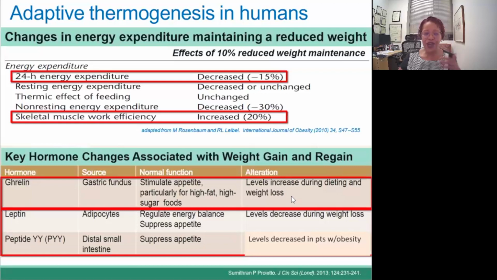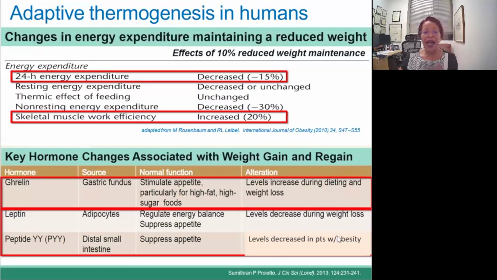And even though, yes, it's possible to feel hungry and not respond to it, over a lifetime, that's pretty difficult, right? Also, hormones like leptin, peptide YY that we talked about before, leptin is supposed to decrease appetite. The levels decrease after you lose weight. So it gets rid of that suppression.